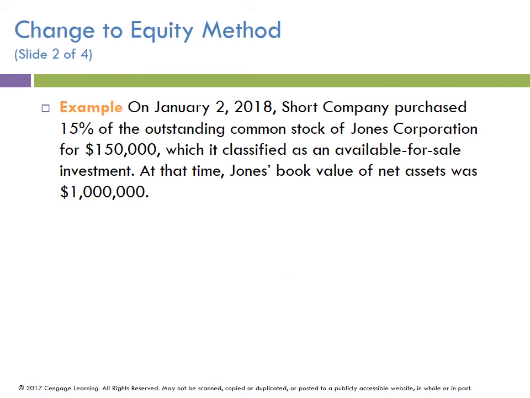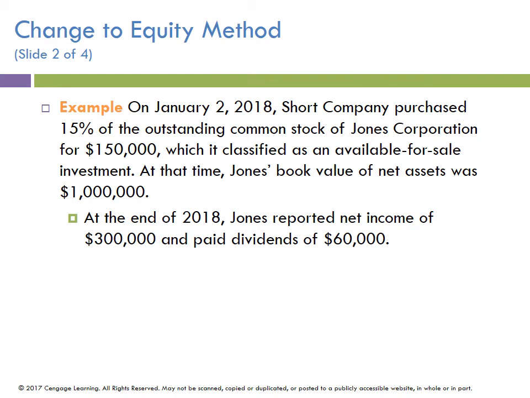Now, that makes no sense unless you see an example. Short Company purchased 15% of the outstanding stock of Jones Corporation. It's classified as available for sale. At the time, Jones' book value of net assets was $1 million. Okay, so they owned 15% of it. They bought it for $150,000. Cool. They paid for it what it's worth. At the end of 2018, Jones reported net income of $300,000 and paid dividends of $60,000.